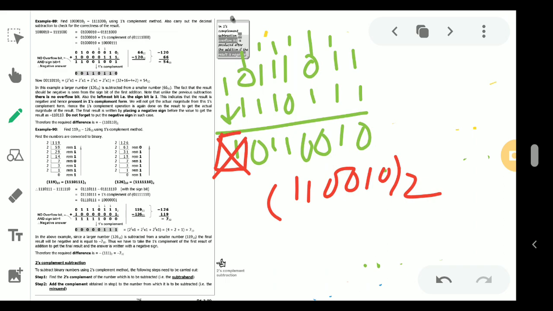It may happen that in some cases we will not get any carry, that is, overflow is not there. At that point of time, what do you have to do? Let's take an example of that kind of sum so you are able to understand.